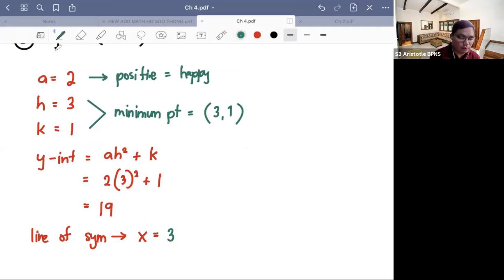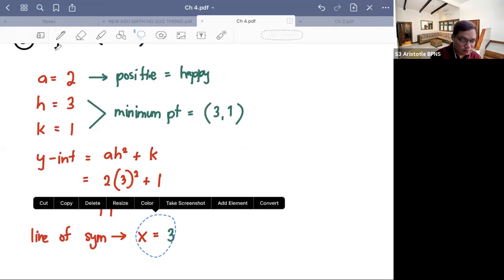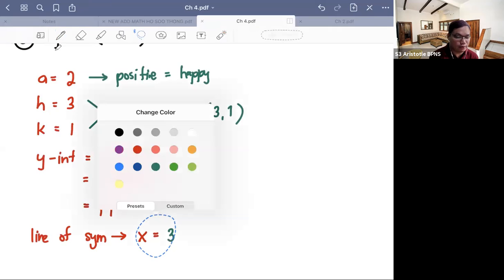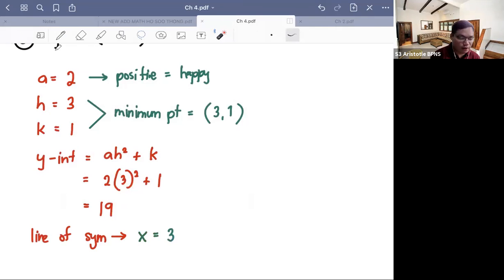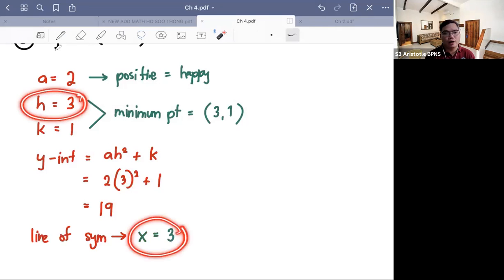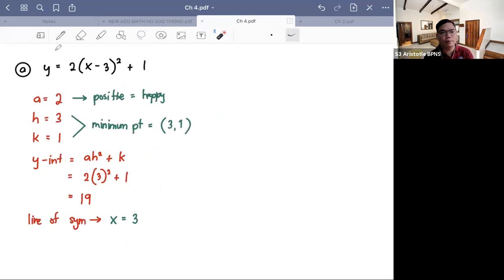Okay? So they're the same. So x is equal to 3. All right. So we have identified the parts. Now, how do we draw this graph now?